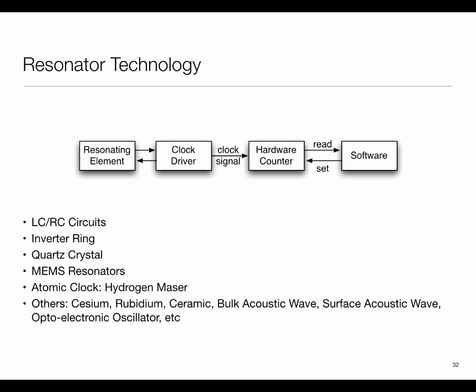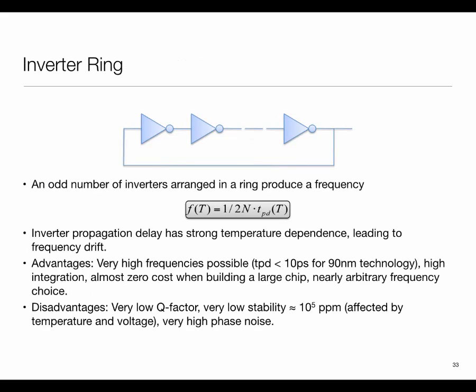These are little mechanical structures that are built on integrated circuits, and they can resonate. So essentially you can make tuning forks and these kinds of structures on silicon. Then atomic clocks, and a bunch of other things which have also emerged. So a whole bunch of resonator technologies.